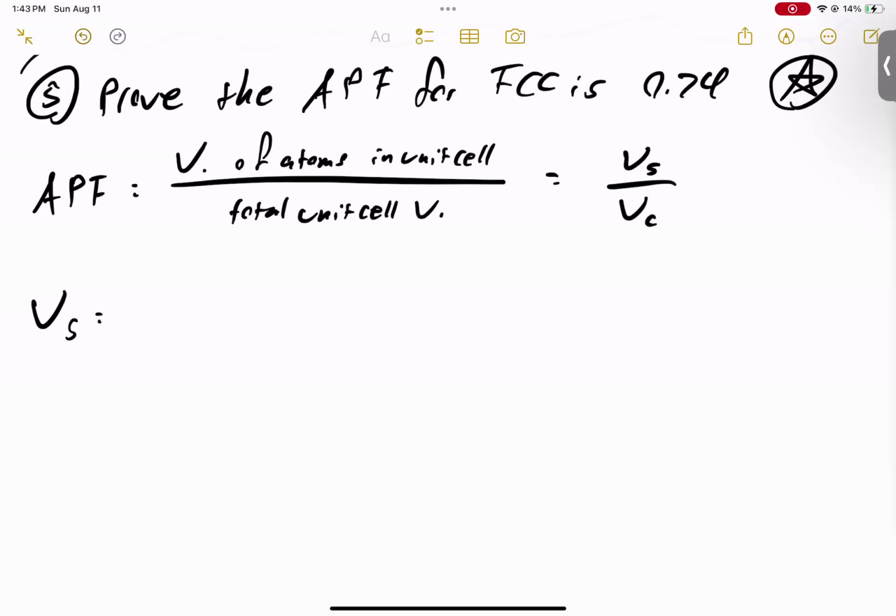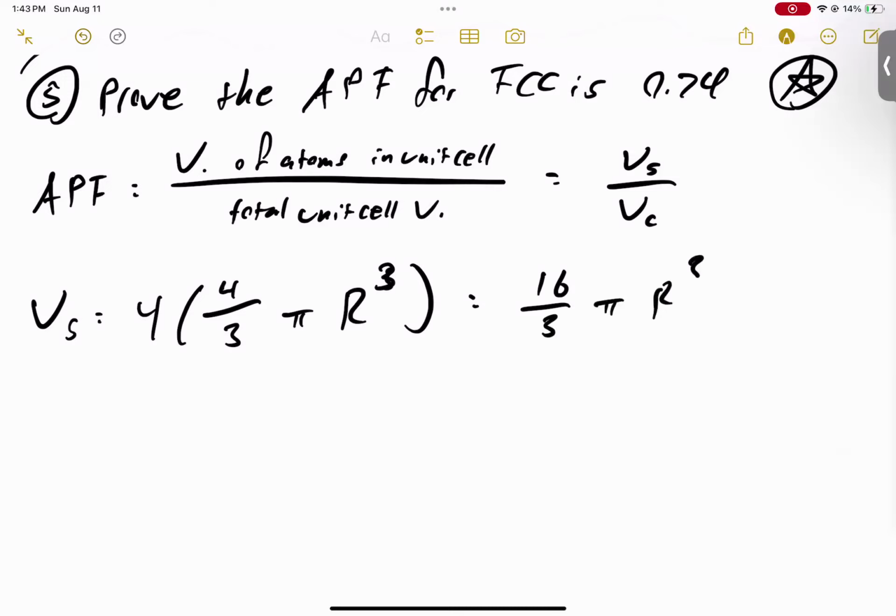Since this is an FCC, we have a total of 4 atoms, and each atom has a volume of 4 over 3 pi r cubed. To rewrite this more simply, that becomes 16 over 3 pi r cubed.